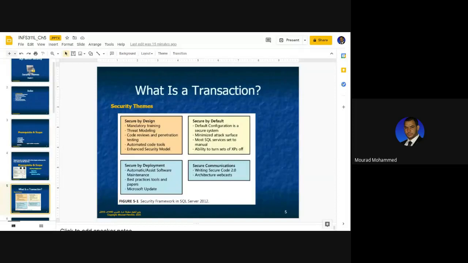Or to secure while deploying a project or deploying a DB from a local to a live, or from an offline to an online. Or the security to be set while communicating media. This 4th theme, the secure communication, is an architecture via which we see the transactions being secured.